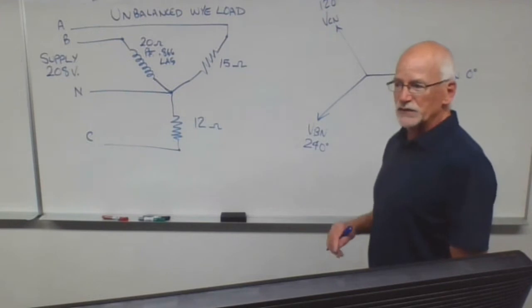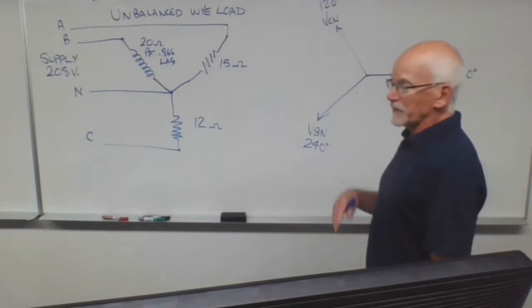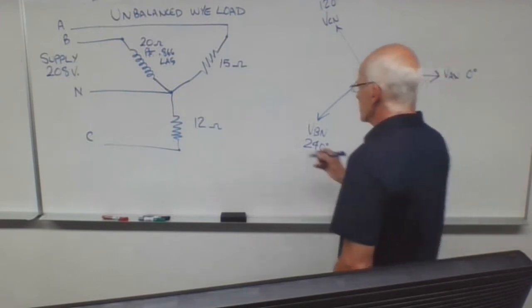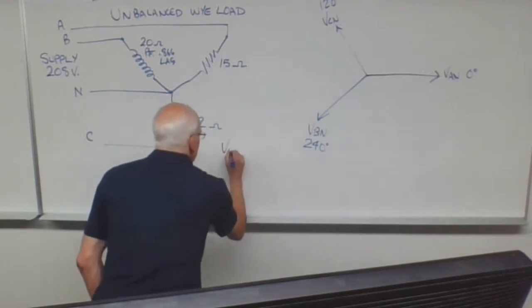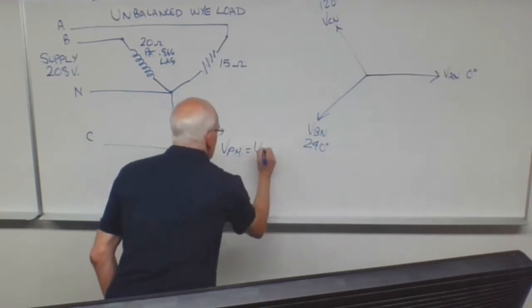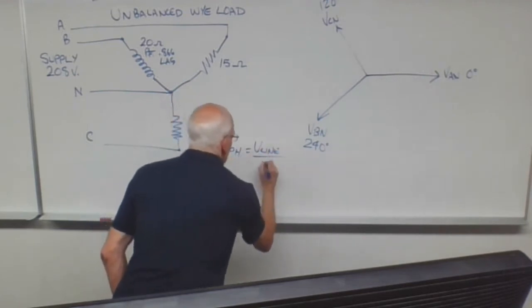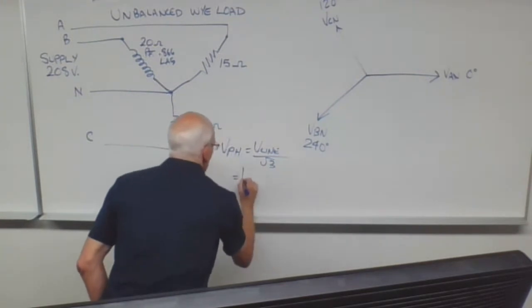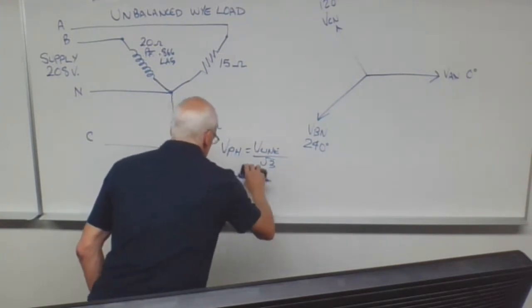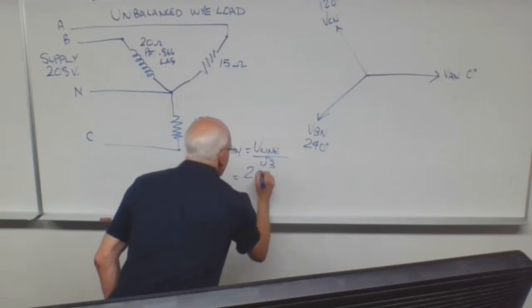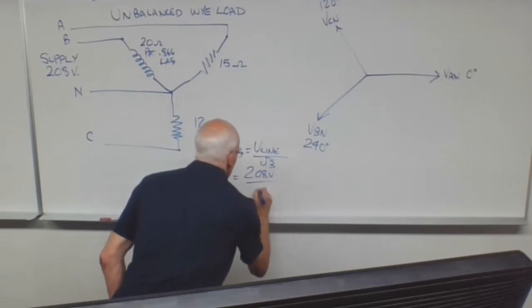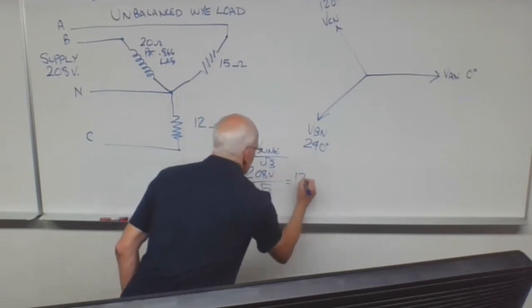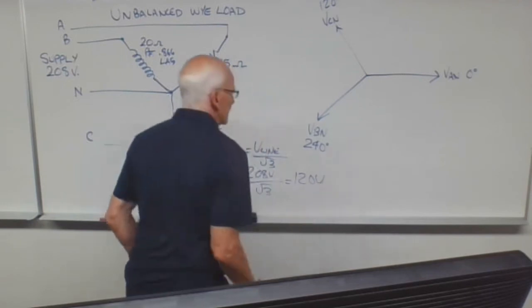That means the formula we use to find the phase voltage, V phase equals V line divided by root 3. 208 divided by the root of 3 is 120 volts per phase.